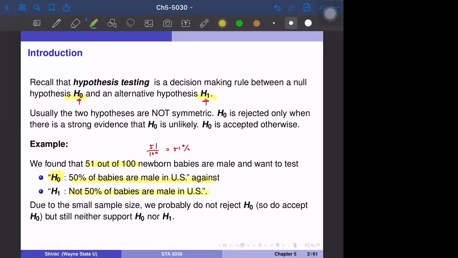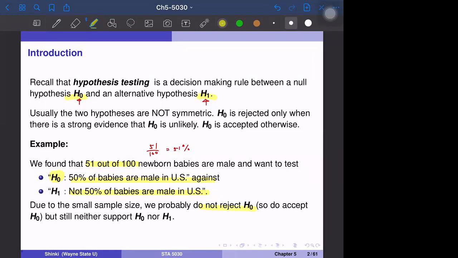So maybe just by chance we got 51 male babies, but in fact, possibly the proportion of male babies in the United States in the long run is 50%. So in this case, probably we do not reject H0.